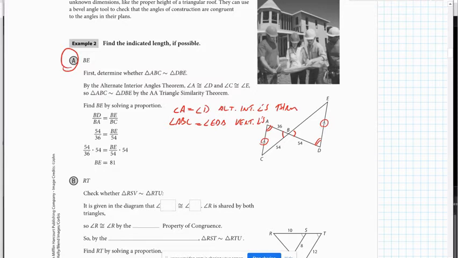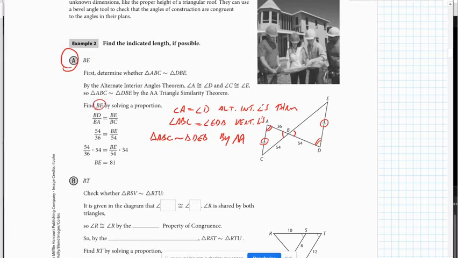And so then that gives you triangle ABC is similar to triangle DEB by AA. Okay, so first we proved that those are similar, and then it says find BE.